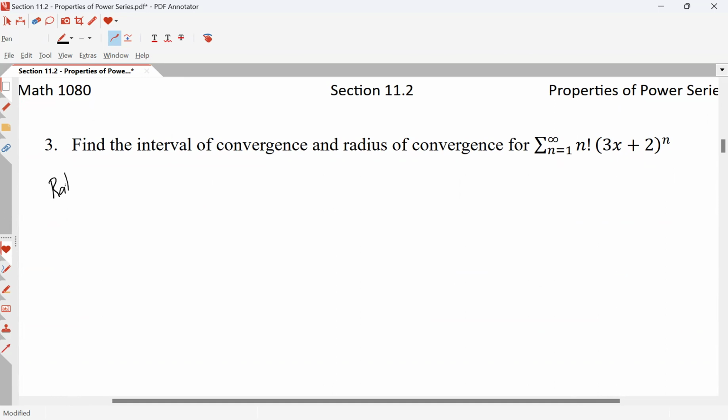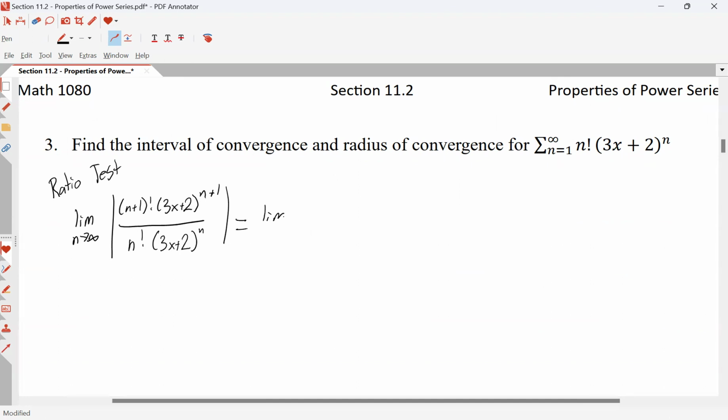So again, I'm running the ratio test. And I have the limit as n goes to infinity. We plug in n plus 1. So n plus 1 factorial times (3x plus 2) to the n over n factorial, n plus 1 in the top, n factorial (3x plus 2) to the n.